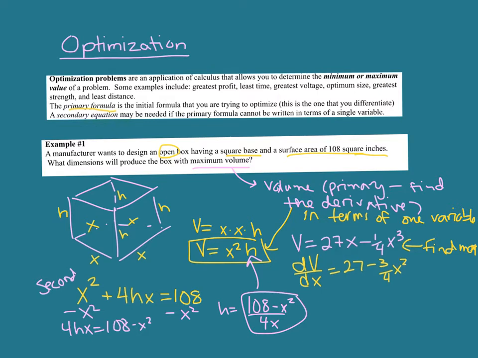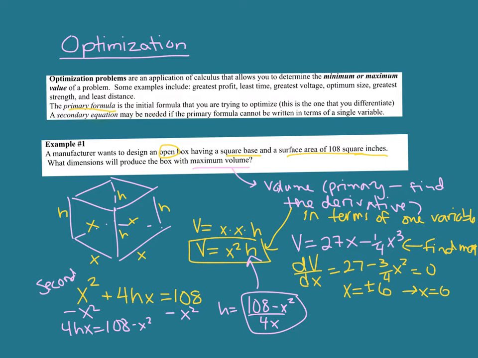You can find your critical values by setting that equal to 0. When you do that, I'm not going to do all the work for it, but you can do that on your own. You get x equals plus or minus 6. We cannot have a negative side length. Keep in mind the x represents the side length. So I'm going to get x equals 6.